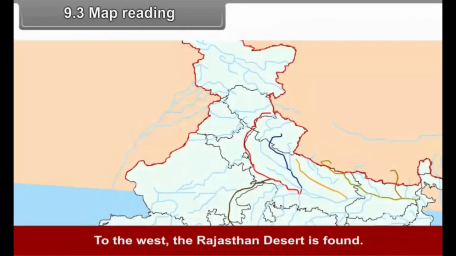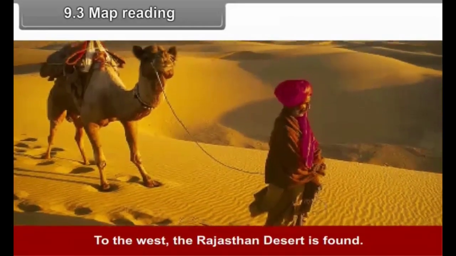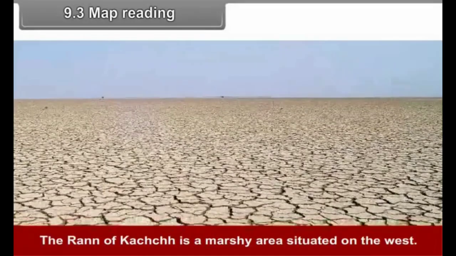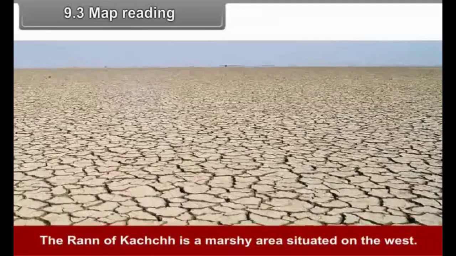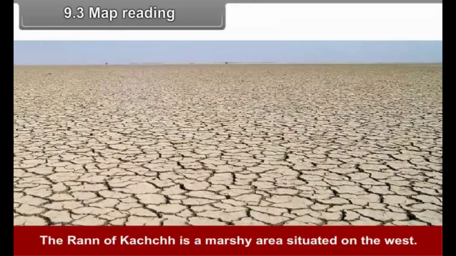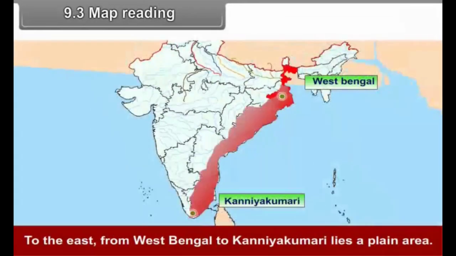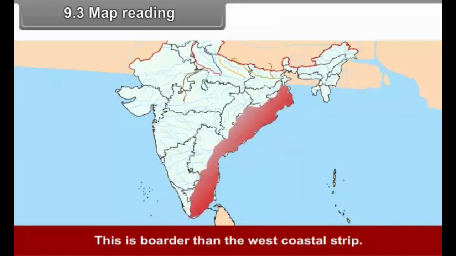To the west, the Rajasthan desert is found. The Rann of Kutch is a marshy area situated on the west. To the east, from West Bengal to Kanyakumari lies a plain area. This is broader than the west coastal strip.